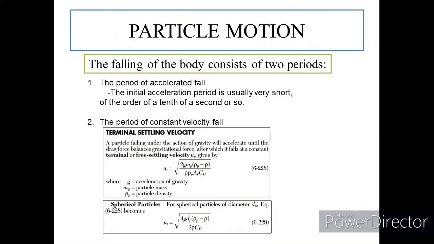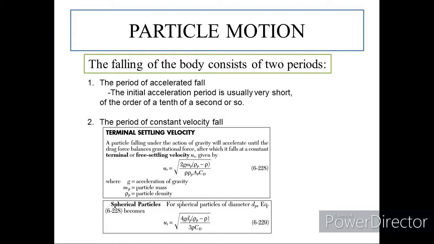The falling of the body consists of two periods. We have the period of accelerated fall and the period of constant velocity fall. In the period of constant velocity fall, there lies the terminal settling velocity or the free settling velocity that we can get using this equation.